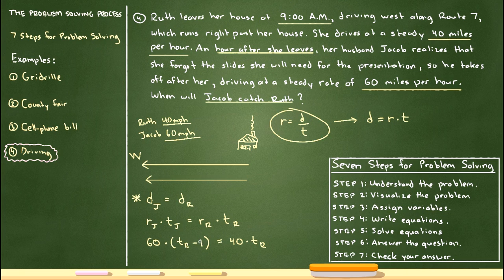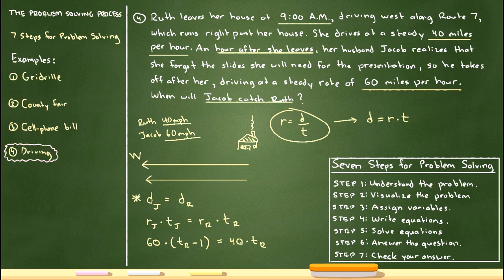Ruth's time minus 1, or we could say that t sub r would be Jacob's time plus 1. Okay, either way, we wanted to relate these two somehow so that we obtain an equation with a single unknown variable, which in this case is t sub r. If we just left it as t sub j and t sub r, these two are different variables. Okay, they have different names, so we wouldn't be able to solve without making that relationship.